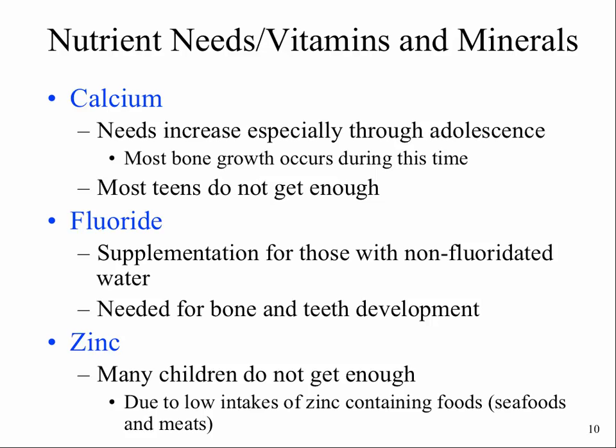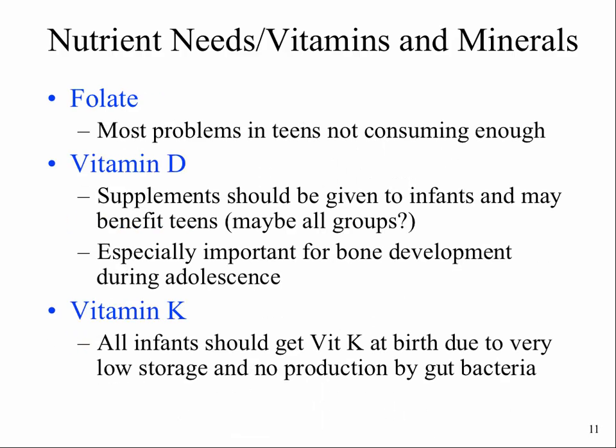Part of the concern is that zinc is primarily found in seafoods and meats, and typically kids are not eating those, partly because we don't want allergies, and again, the whole meat thing is the physical capacity of this. But a lot of foods, cereals, things like this are supplemented, so you don't see this as much anymore.